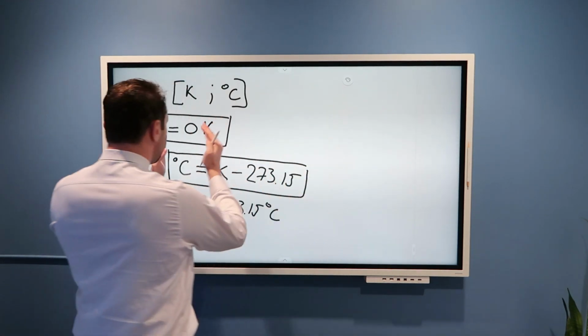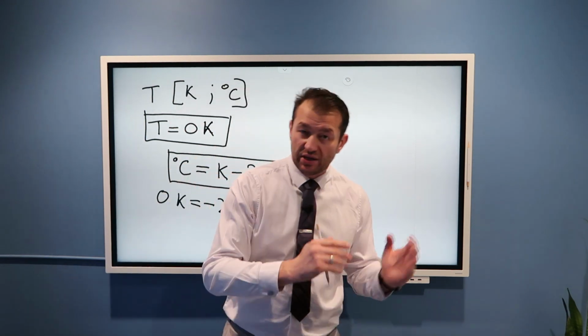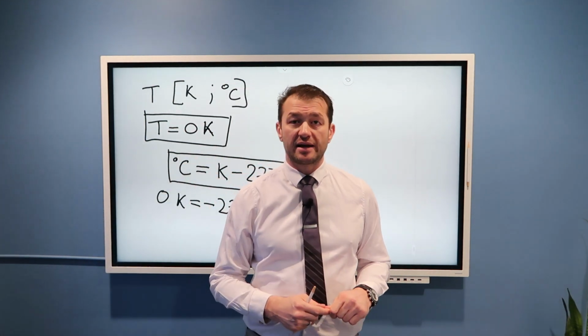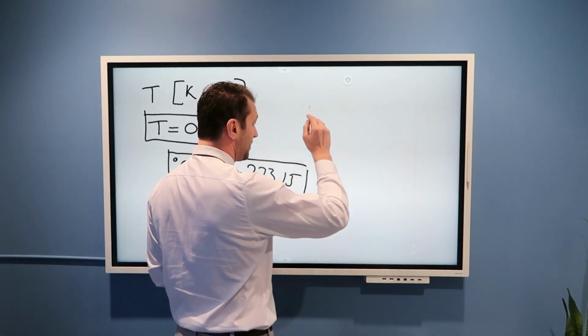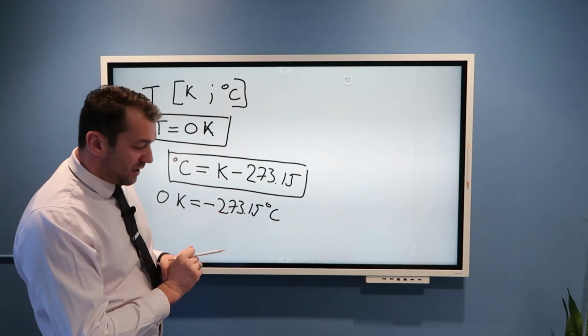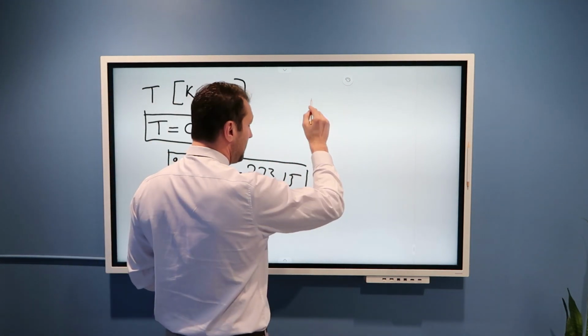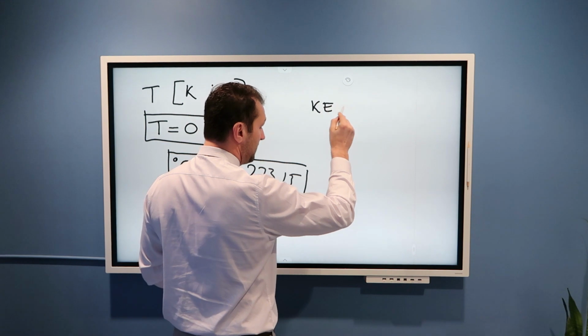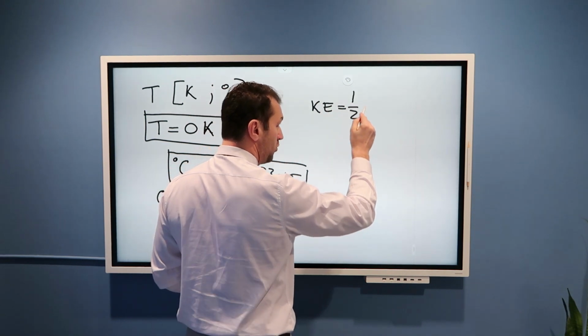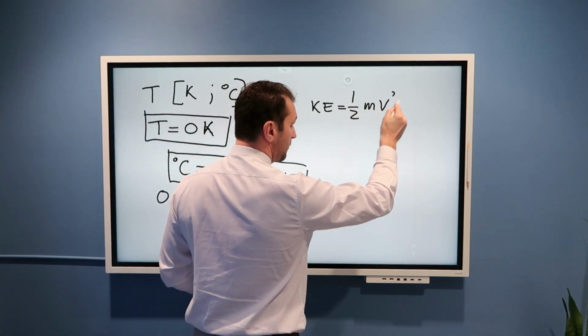What is temperature in relation to the energy that I defined before? Well, temperature turns out to be related to kinetic energy. And you remember kinetic energy was 1 over 2 mv squared.